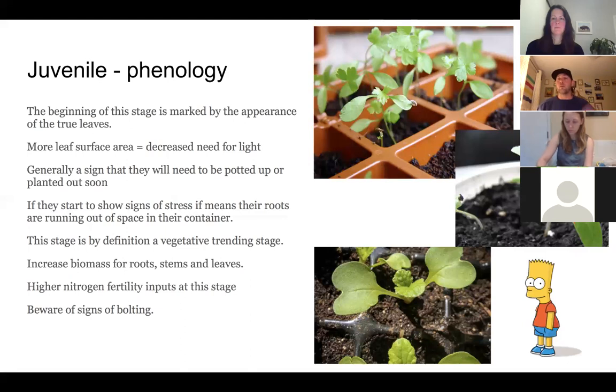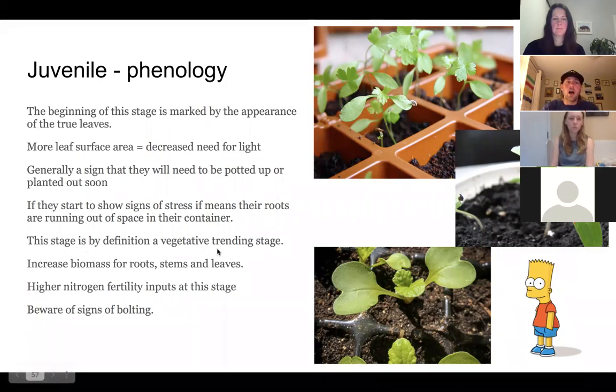Hopefully you've already moved them up and you don't see any of those signs of stress, but we don't live in a perfect world and we're busy, and sometimes it happens. But when you do see that, you've got to move on it. Yeah, I'll explain more about that in another class.